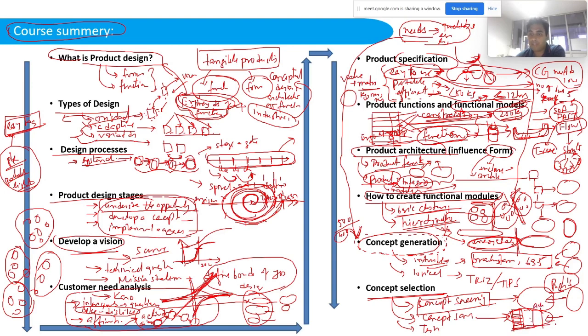So with concept scoring, we can compare concepts among themselves, and then finally select or rate particular concepts, which we can further use for the concept testing phase.